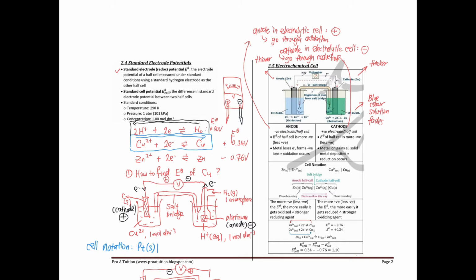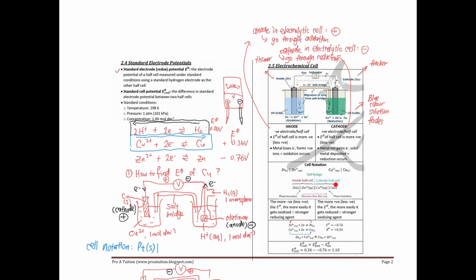The idea is, when you go from the electrode towards the salt bridge, the oxidation number increases. So for example, you see zinc, then zinc 2 plus.